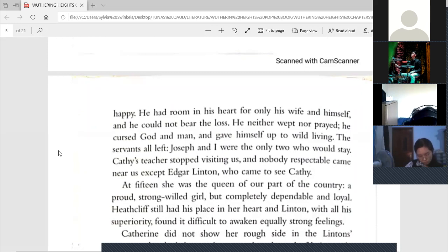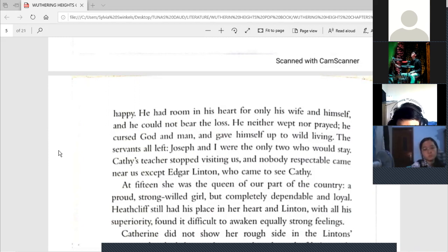Okay, there are two questions. The first one: what does this say about Mr. Hindley's behavior? Mita, could you answer that? Nobody wants to come to Wuthering Heights anymore. The teacher just stops coming. All the servants quit and go away.